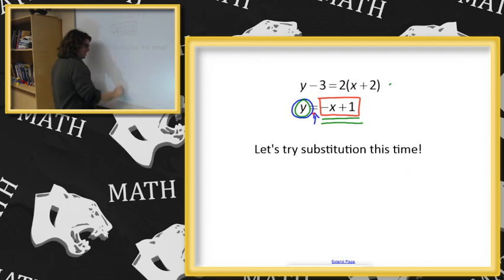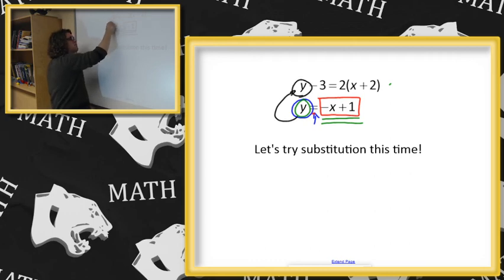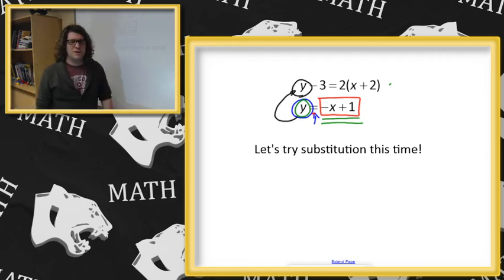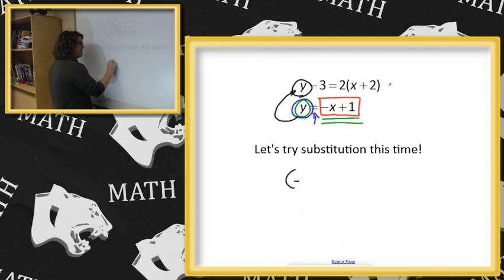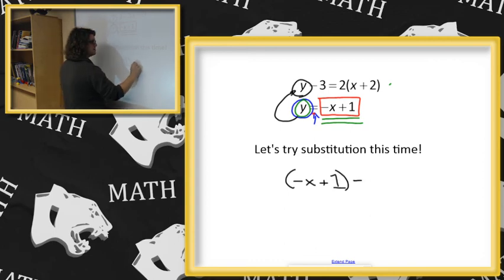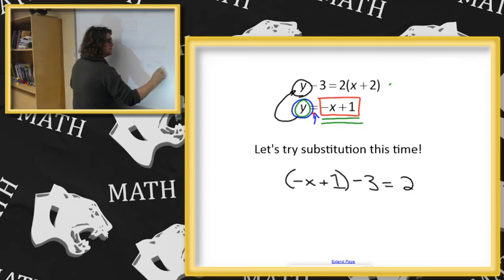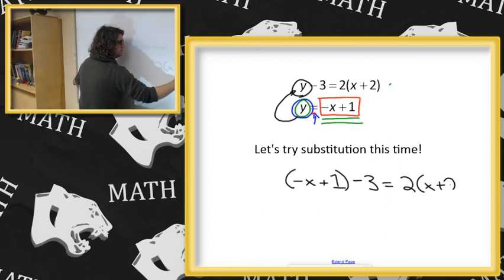What we are going to do with that is take the version of y that we have in our second equation and substitute it into the position of y in the first equation. So I'm going to say that y, which is the same thing as negative x plus 1, minus 3 is equal to 2 times x plus 2.